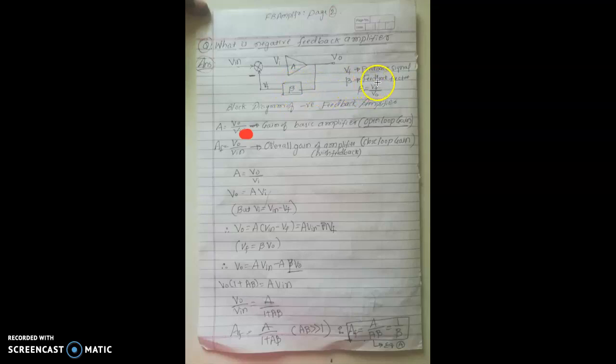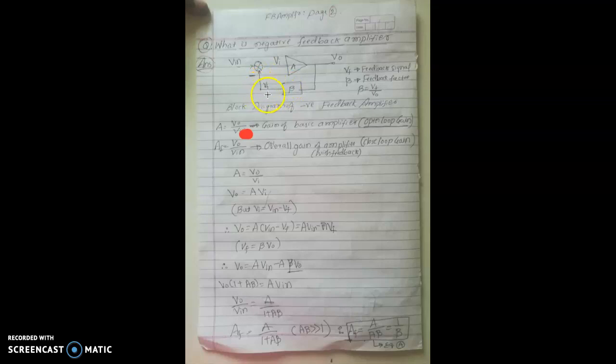Beta is the feedback parameter, and it reduces the output voltage by beta times. So Vf, the output of the feedback network, is equal to beta times V0. V0 is the input to this feedback network. So beta times V0 is equal to Vf.